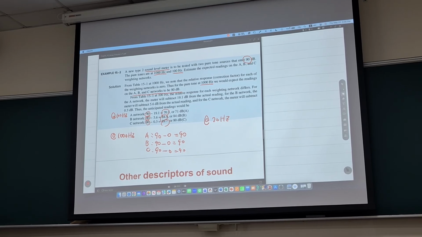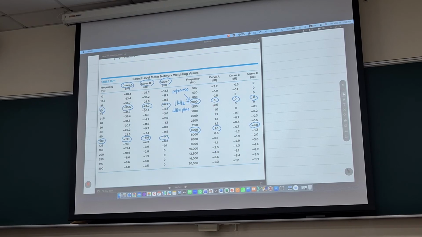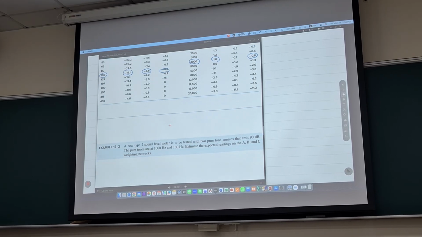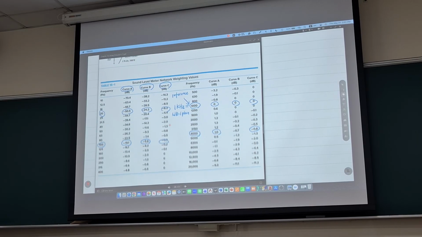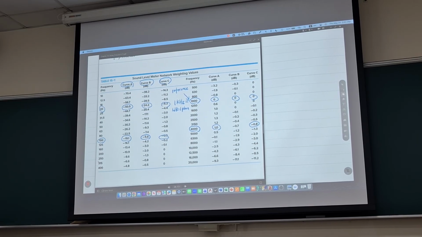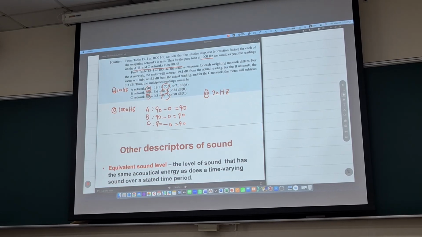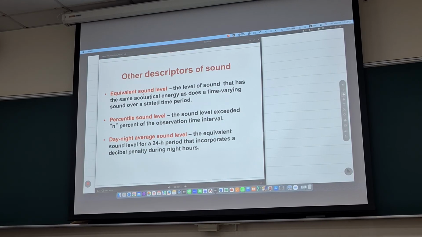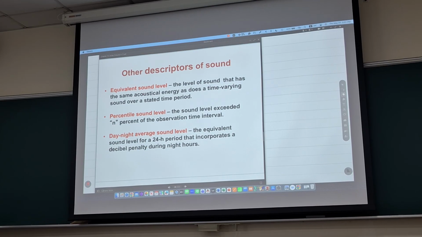At 20, as I just mentioned, it's 90 minus 50, 90 minus 24.2, 90 minus 6. Understand? Everyone? Okay, so now you understand that by adjusting frequency, you might change the numbers. Okay, that's it.